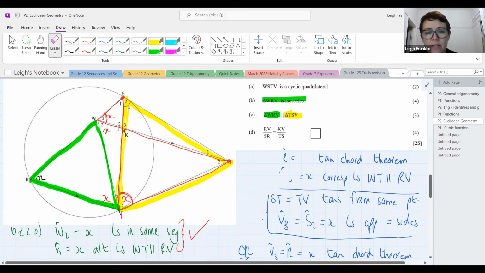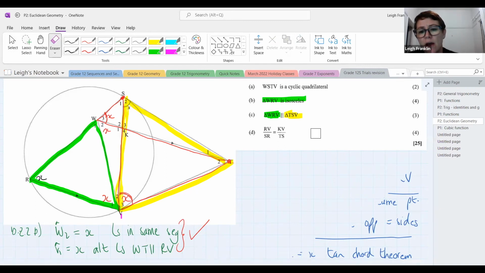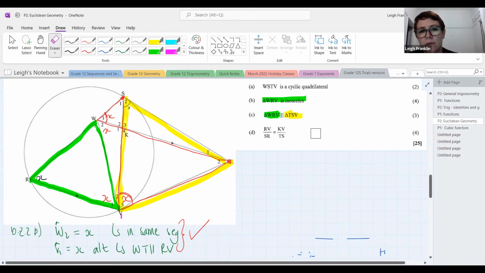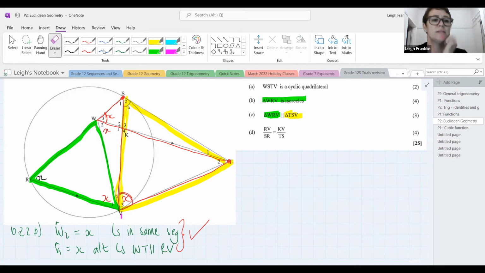Okay, so let's get this out the way and then we can set it out over here. Okay, so remember, when we prove similarity, we've got to set it out in the correct way.